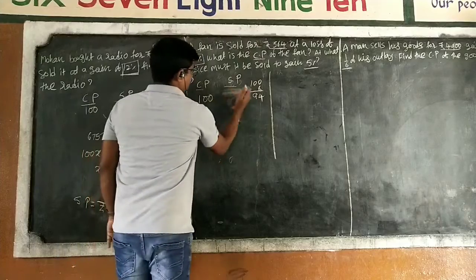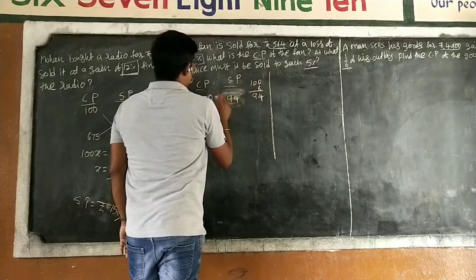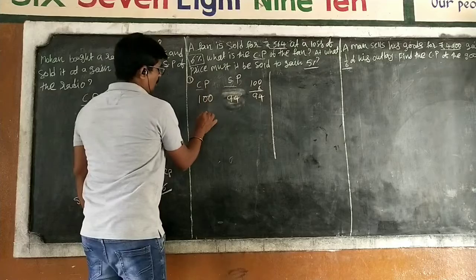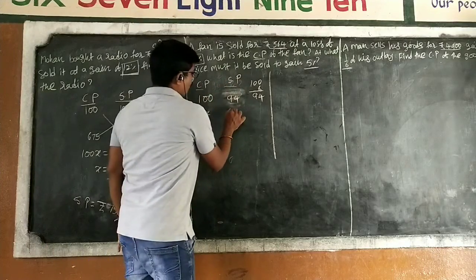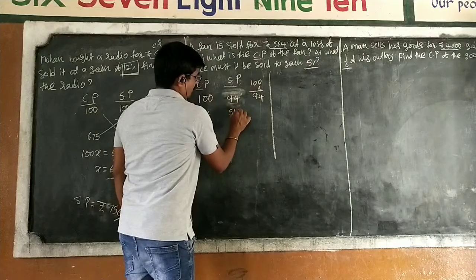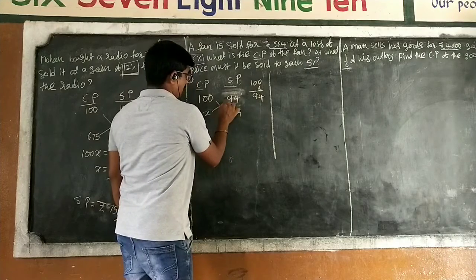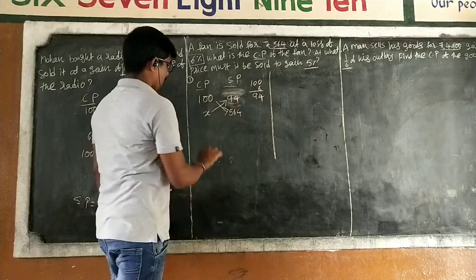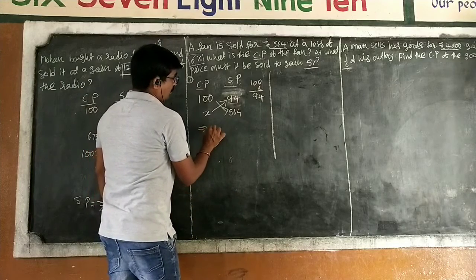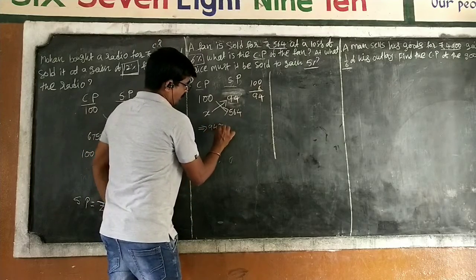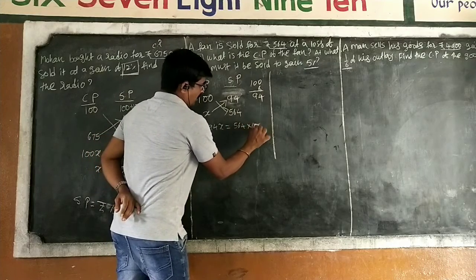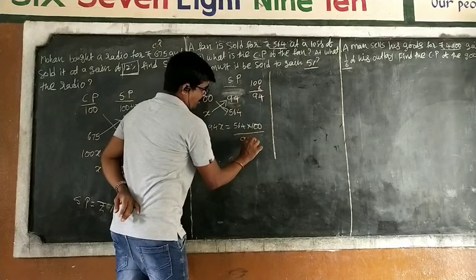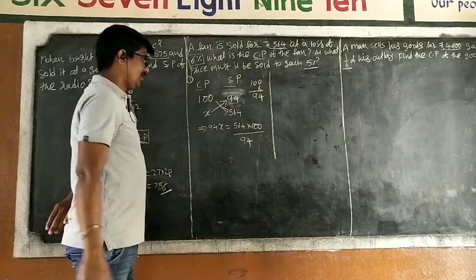After that, the cost price we don't know, assume it is X. Next the selling price is 564. Simply do cross multiplication. So 94 into X is equal to 564 into 100.